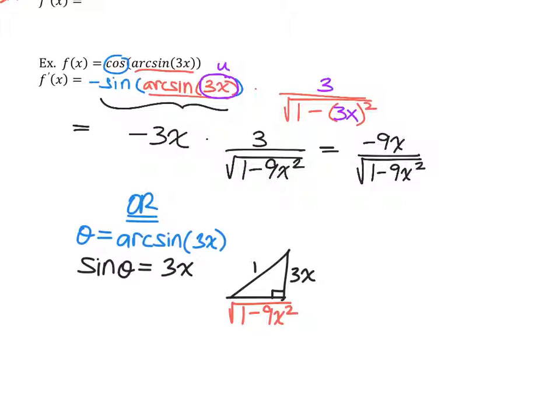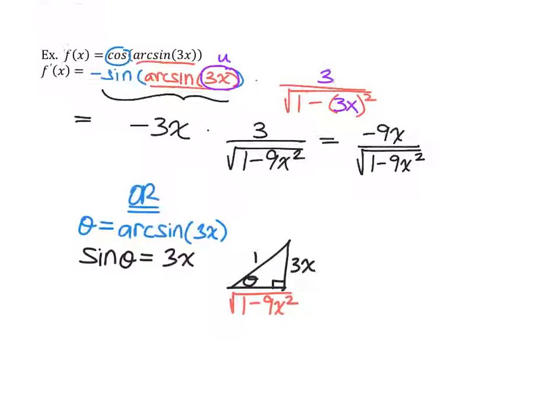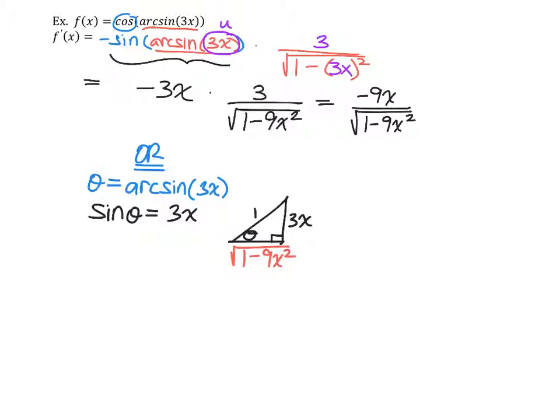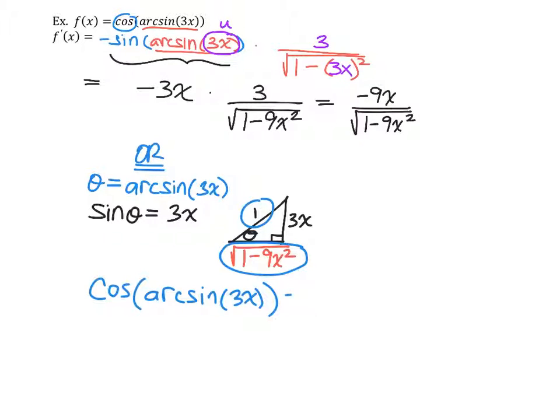All right. So what I need is the cosine of that. I'll put my theta in there. Cosine is adjacent over hypotenuse. Here's my adjacent, here's my hypotenuse. So cosine of the arc sine of 3x is the same as the square root of 1 minus 9x squared.